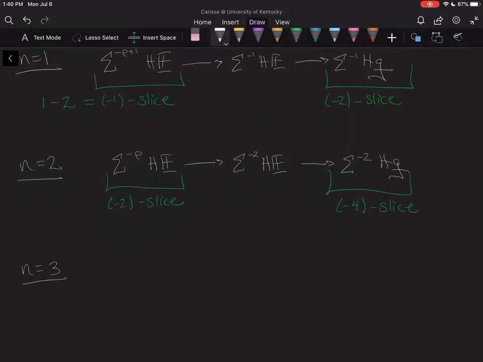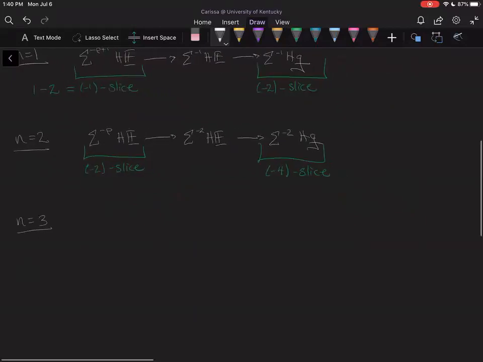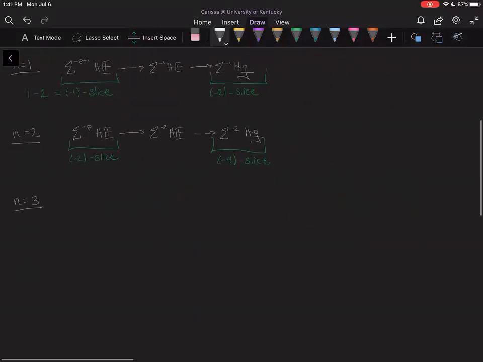When we move on to n equal to 3, however, things get a little bit more complicated. So I'm going to write it slightly differently. Negative rho minus 1 of HF. So this negative 3 suspension of HG. That's our negative 6 slice. I'll write it as P upper and lower negative 6.